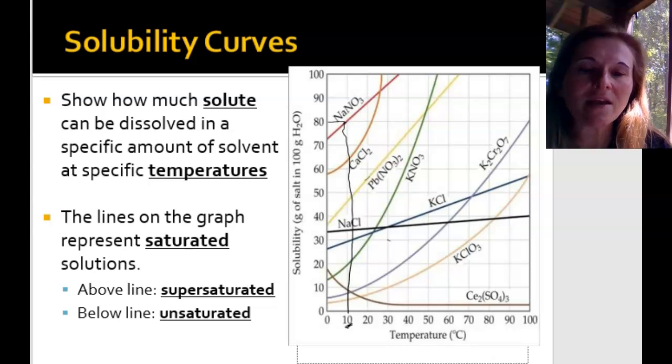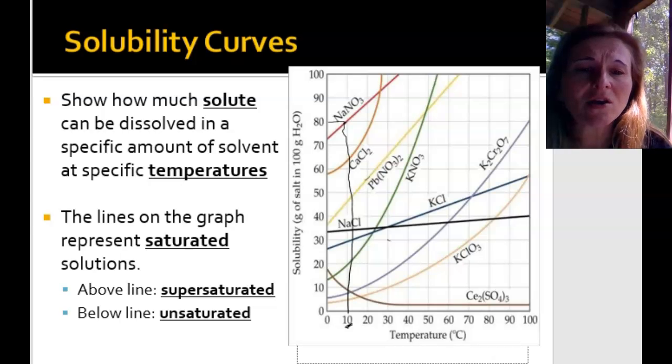That is 80 grams of sodium nitrate in 100 grams or 100 milliliters of water. As we warm up the water, we can put more sodium nitrate into that water. See, that line is increasing.